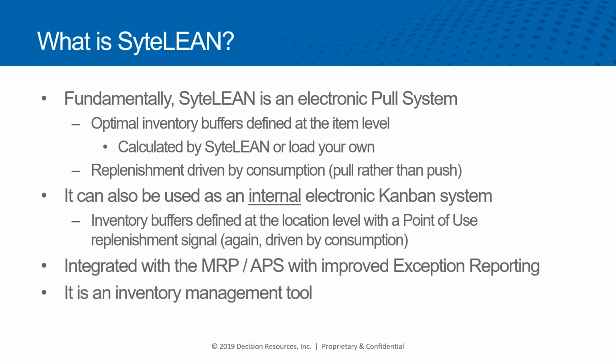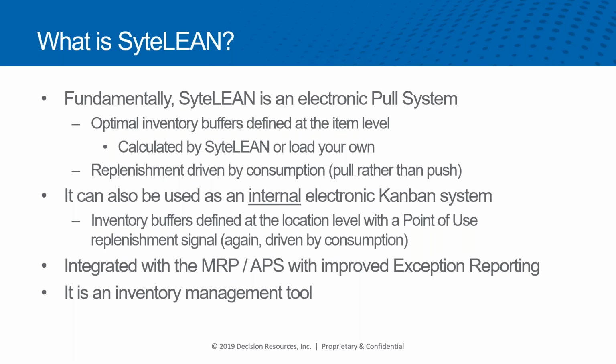We're integrated with the planning engine in that we use the same exception messaging, and we use the same material planner workbench and planned order concept that APS and MRP do. SyteLEAN also provides another layer of inventory management because we can status the inventory using the SyteLEAN tools.